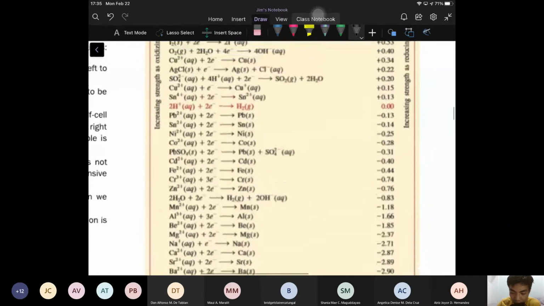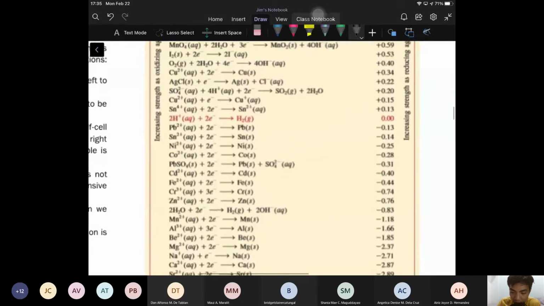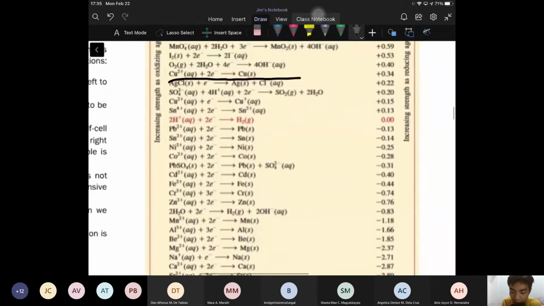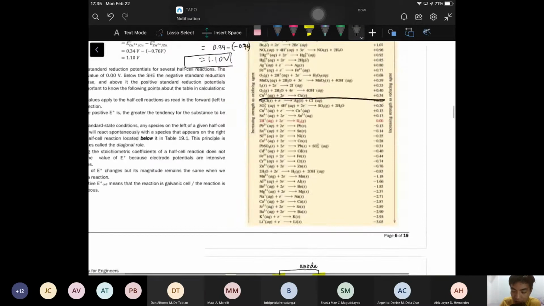Hinahanap ko siya. Saan kaya yun? Ito. So, ito copper 2 plus copper. Again, be careful. May ibang uri kasi ng equation sa baba. That's copper positive 1. So, ito gusto natin, yung copper 2 plus copper. Ang voltage niya ay 0.34 positive.